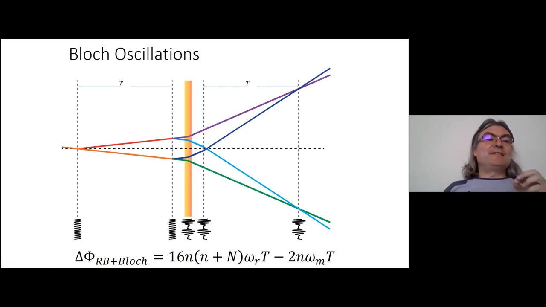And the nice thing is the number big N of Bloch oscillations can be made very, very large so that the resulting signal is very large. Another nice thing is that the number of Bloch oscillations can easily be varied, and we can use that to repeat the experiment at various numbers big N to look for systematic effects.